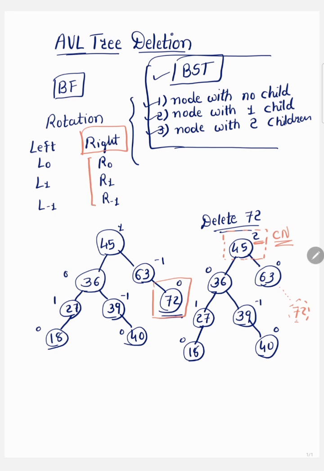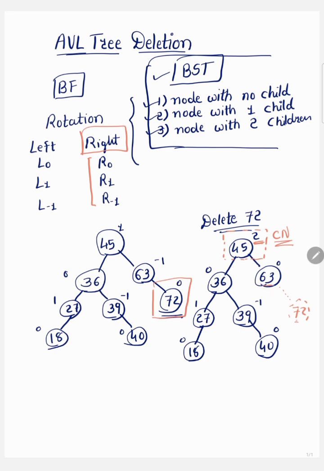Now in a right rotation also I am having three types of rotation. I am having R0, I am having R1, and I am having R minus 1. So what you need to do is just check the critical node's opposite child's balance factor. Here the node 72 is deleted from the right side of the critical node, so you need to check the left child's balance factor of the critical node.